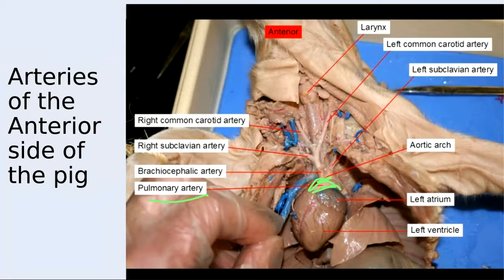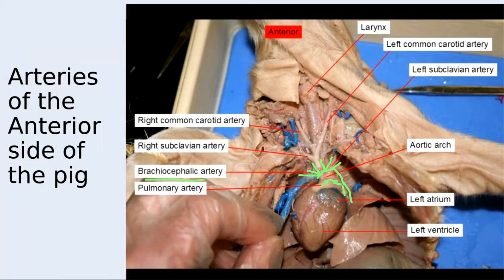Then you have the aortic arch. Not that visible here, but it's just above this, from here to here. Okay, and it goes this way. And it splits. So this location where it splits is the brachiocephalic artery.